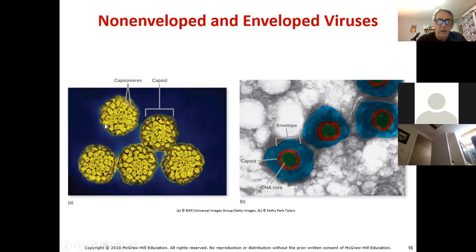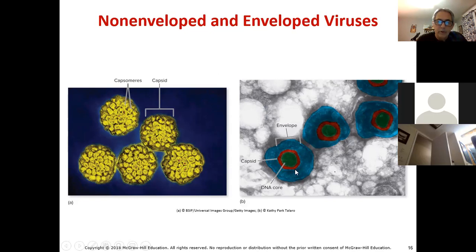The genetic material is surrounded by a protein capsid. The capsid is made up of subunits called capsomeres, which can either be the same protein or a different series of proteins. And then some viruses have an envelope surrounding them.